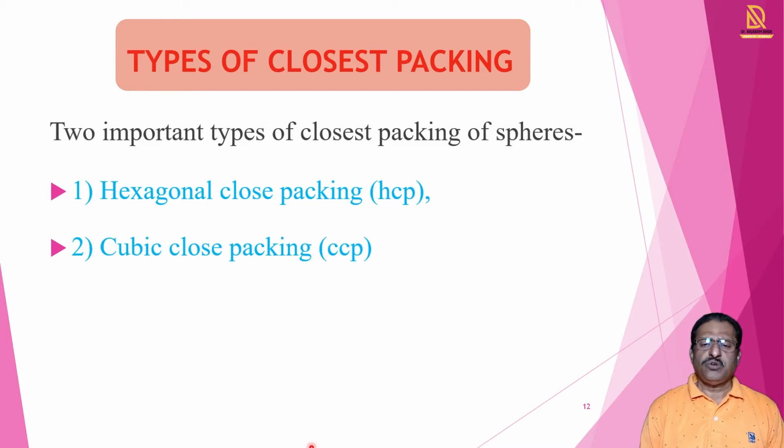So at the time of close packing, two types of close packing are formed. One is hexagonal close packing, called HCP, and the other is cubic close packing, called CCP. Now we see in detail about HCP and CCP.